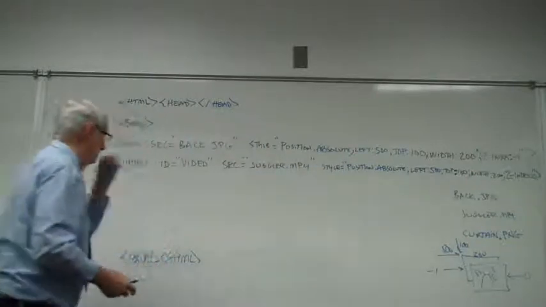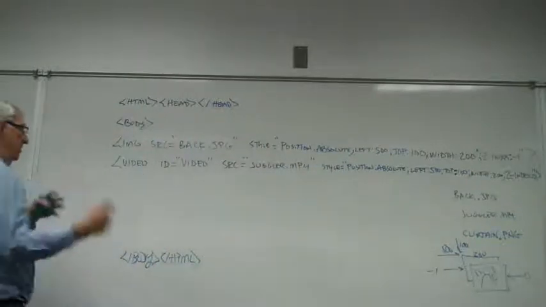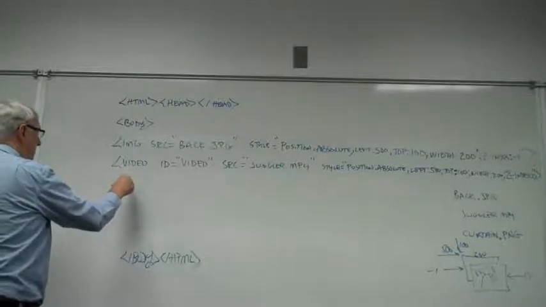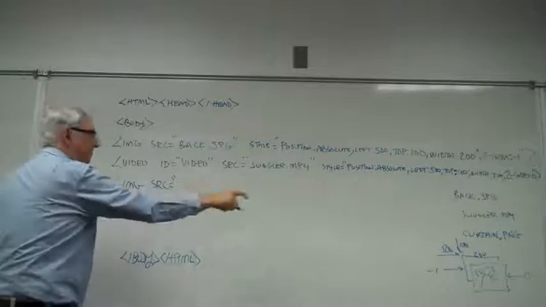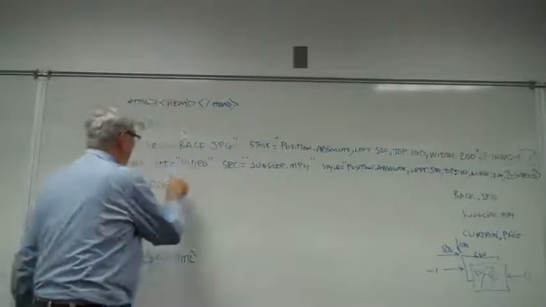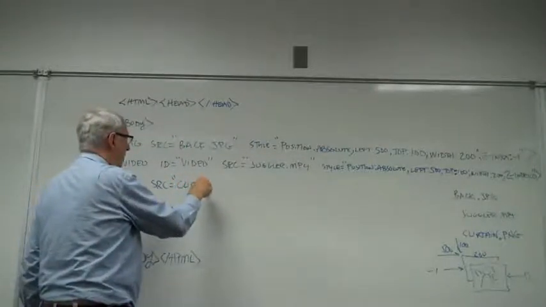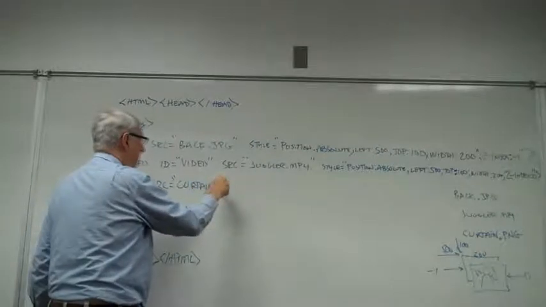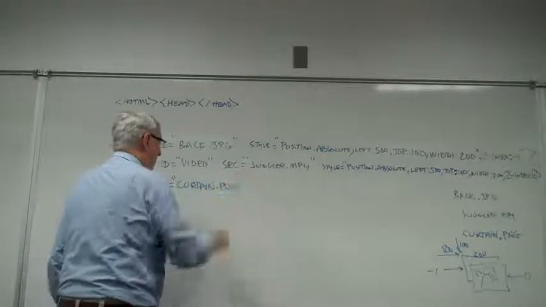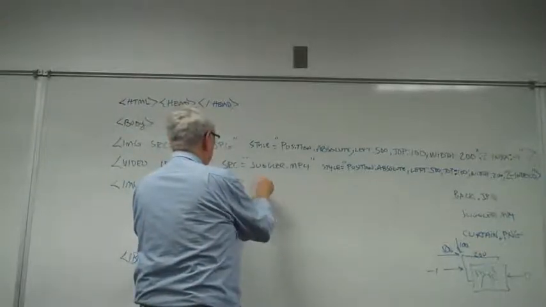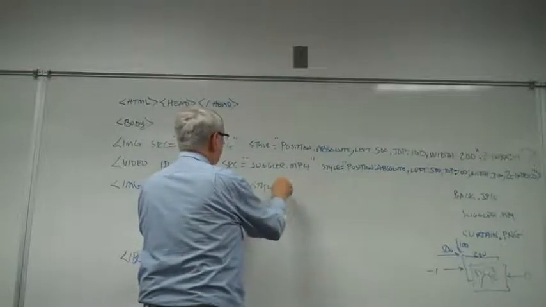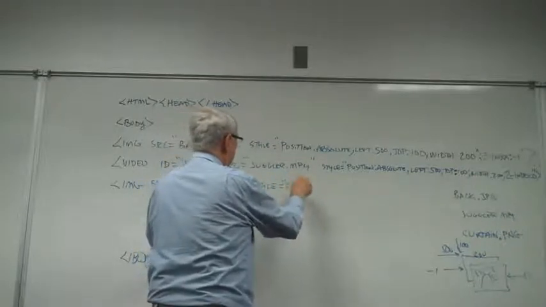And finally, the front image. Next one is the front image. Just an image. This time the source is curtain.png, because it's got a transparency in it, so you want that PNG. And again, go to style equals position: absolute.